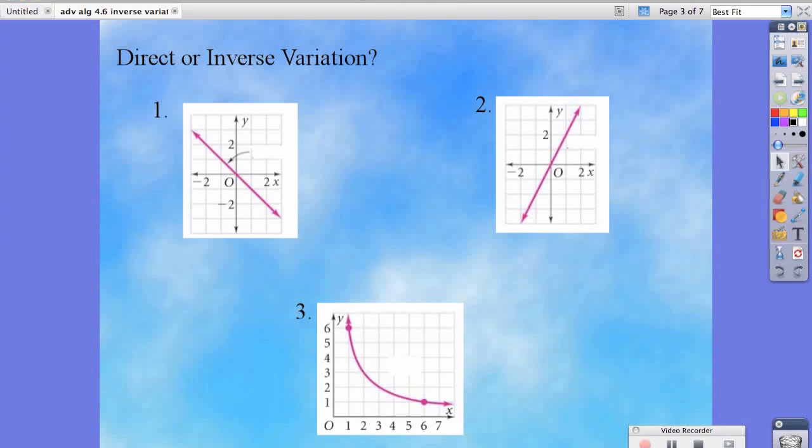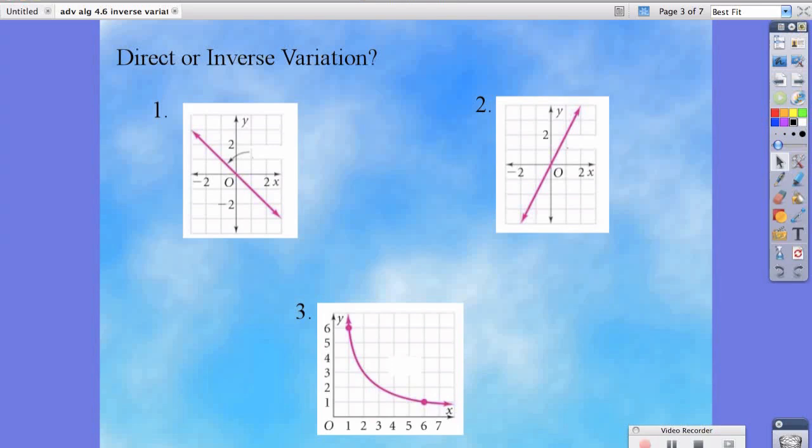If you look at number 2, as x increases, so does our y value, and it increases in a positive direction. So in this instance, both of these could be considered direct variation. Those are usually determined by a linear graph or a line graph.